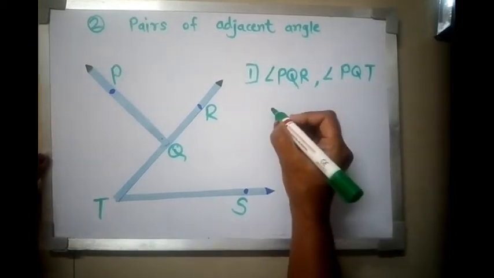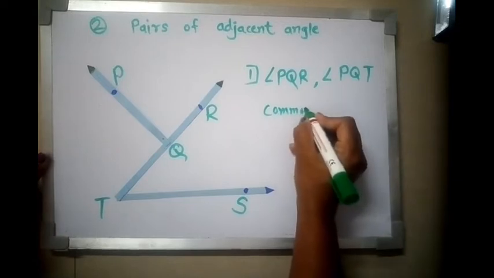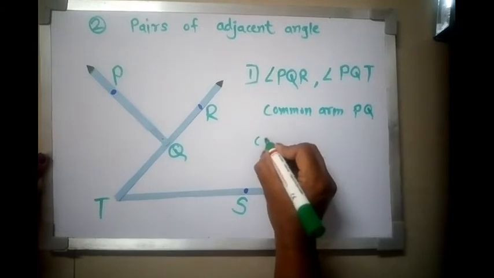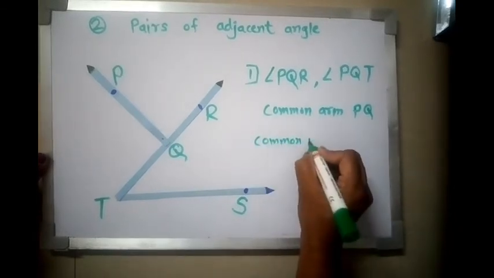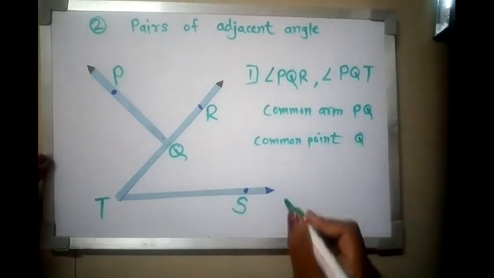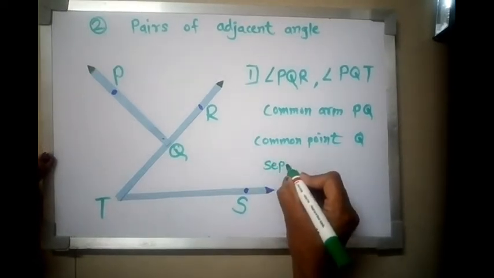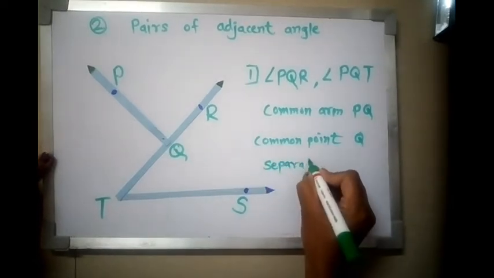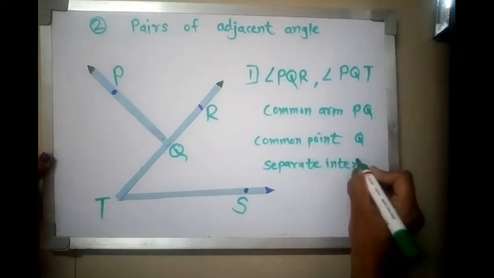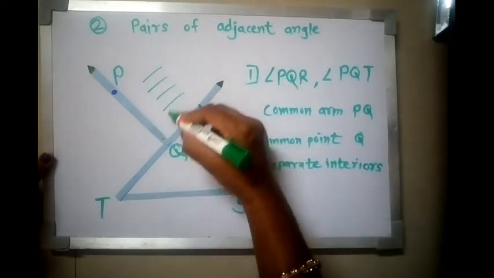These two angles are adjacent angles because common arm is PQ and common point is Q, and separate interiors are of these two angles. Angle PQR and angle PQT are adjacent angles.